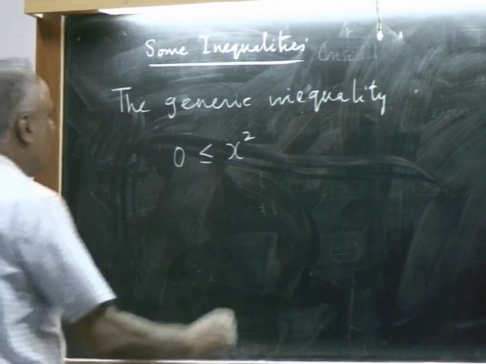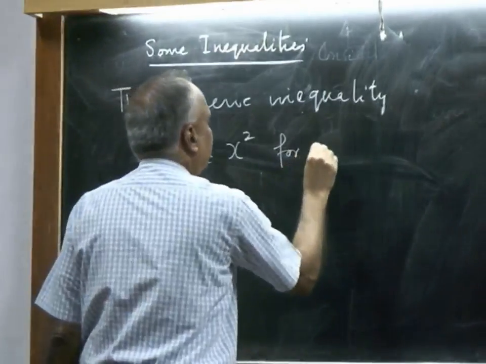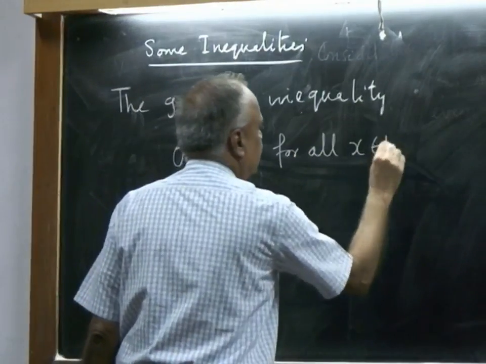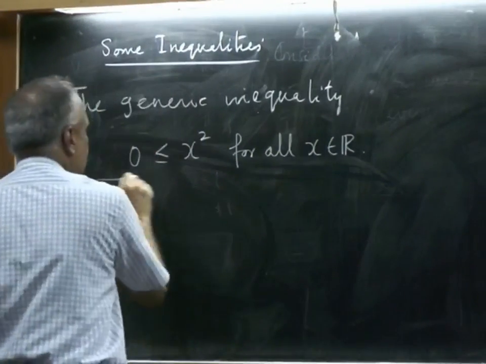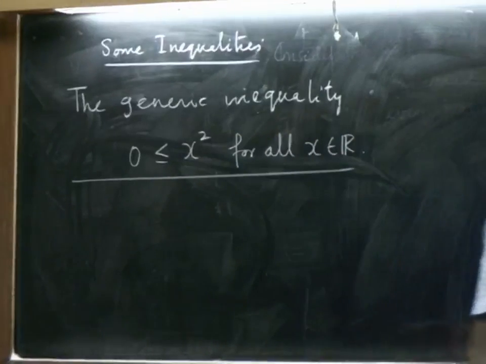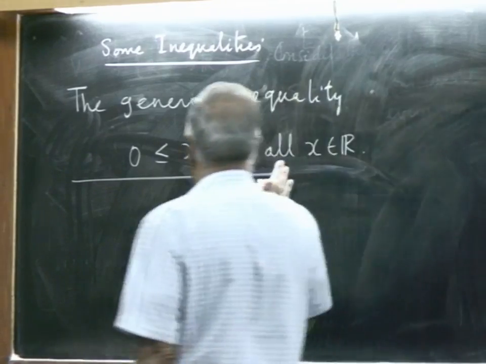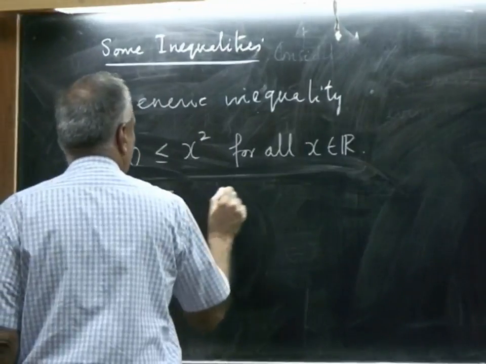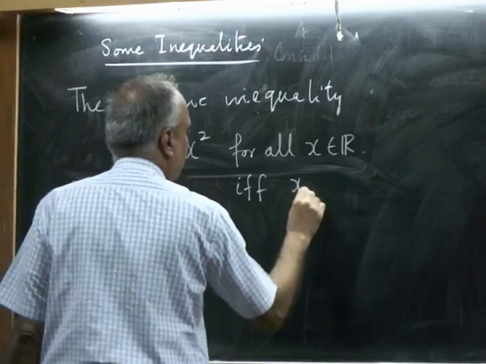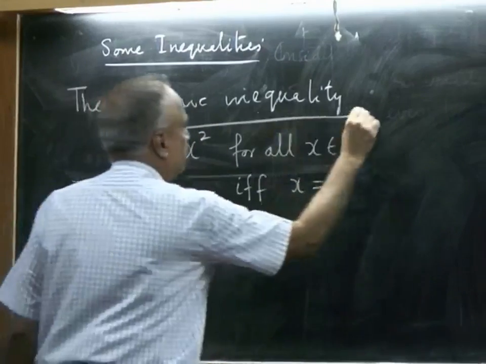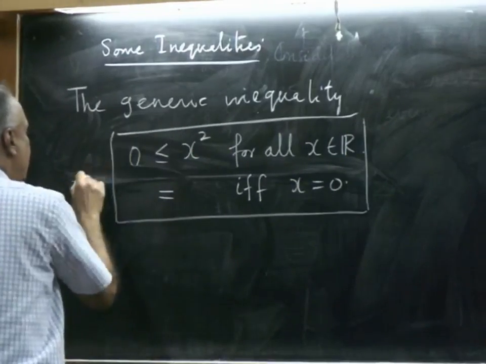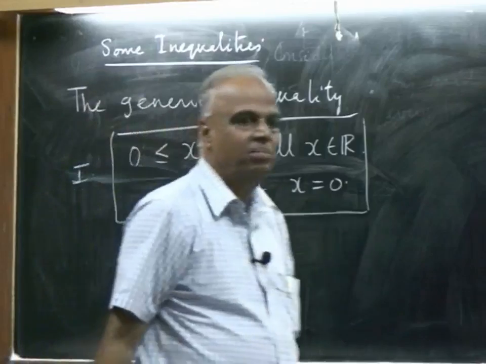This is the generic inequality for all real numbers, and everybody knows it. x squared is always greater than or equal to 0 for all x. And when does that become equal to 0? If and only if x is 0. Let me call that the most generic inequality 1.